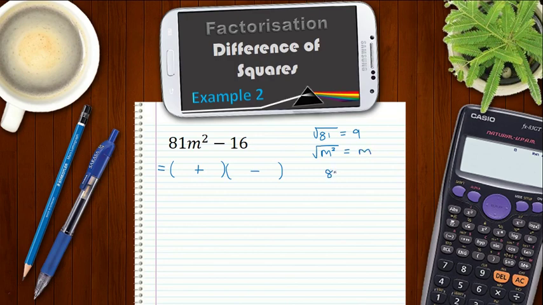So the square root of 81m squared gives us 9m. So we write down the square root of this term, 9m, here, and then the square root of 16 is 4, so we write it here and here, and that's the final answer.